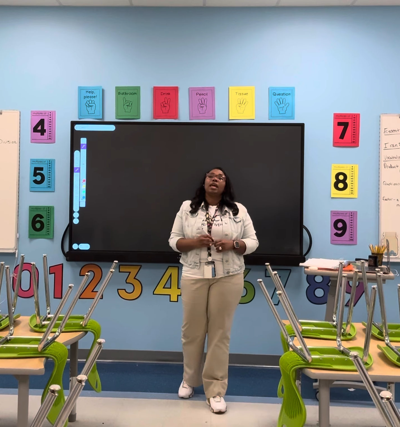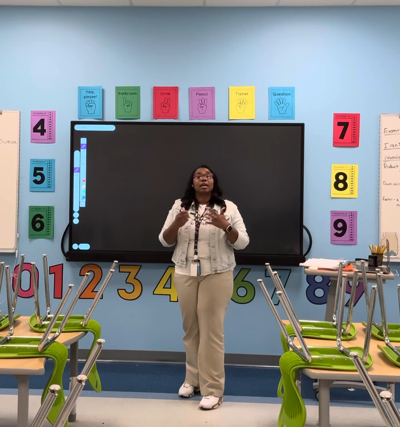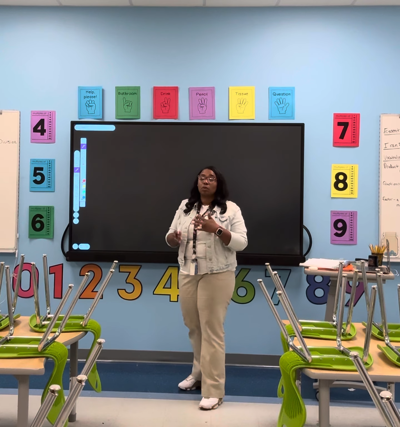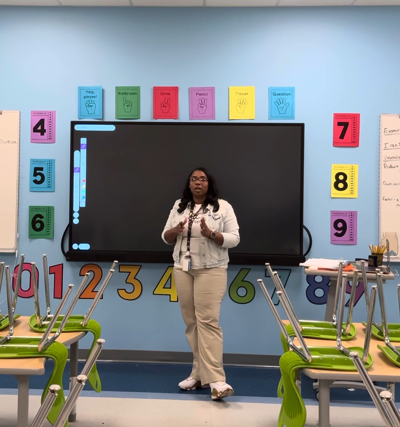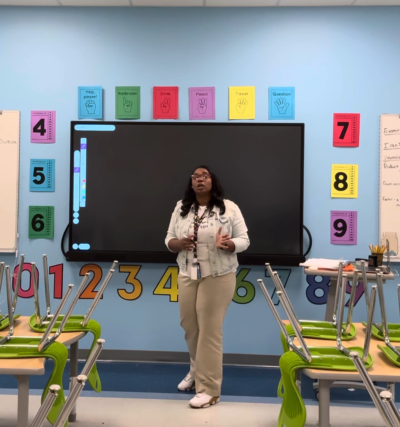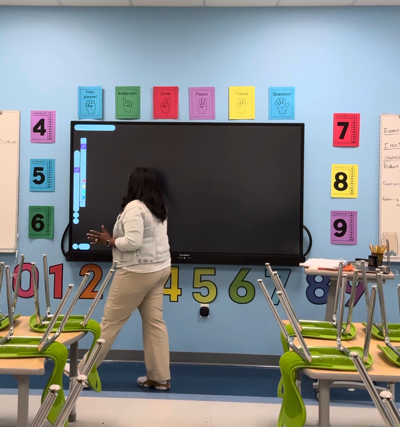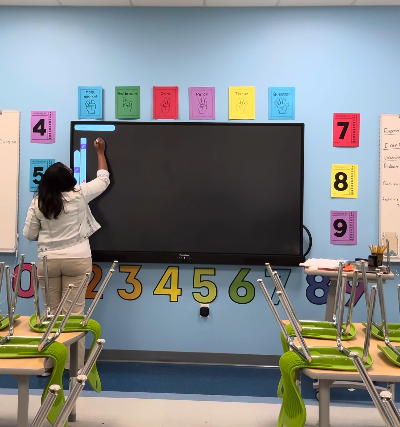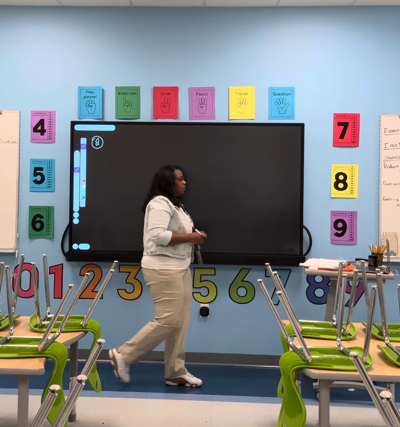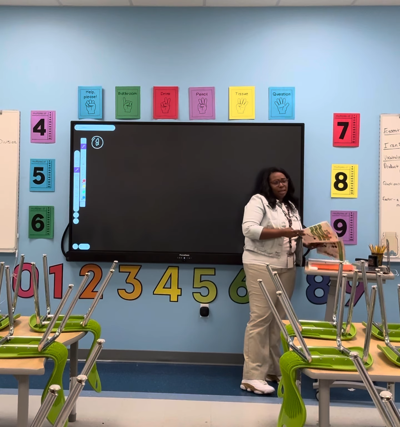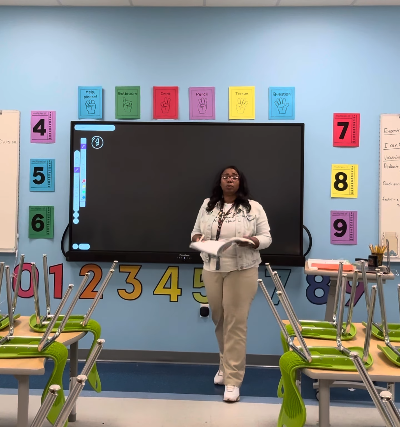Let's go ahead and look at number 2, because like I said, we did number 1 in class, because I wanted to make sure the kids got a great understanding of that vocabulary word. So we're going to move on to number 2 now, and again, that's on page 253.